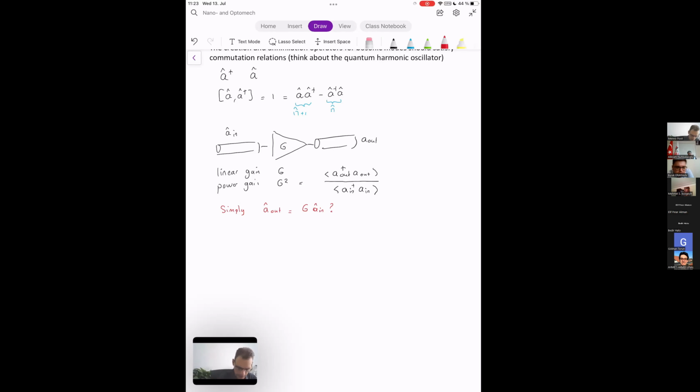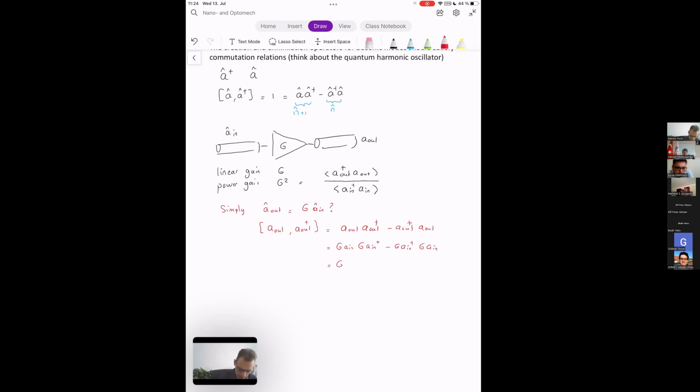The reason is that if we now calculate what the output operator commutation relation is, so A out, A out dagger, then from the definition we see that this is given by A out A out dagger minus A out dagger A out. With the attempt that we're using here, that would be G A in G A in dagger minus G A in dagger G A in. And what is that?